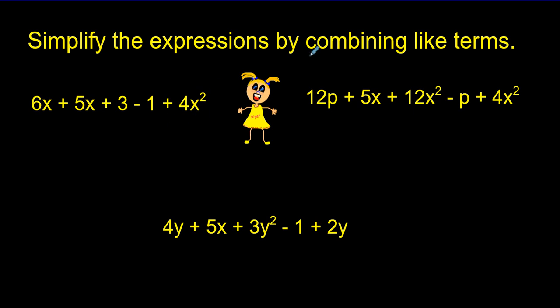Oh, by the way, combining like terms means that we are adding or subtracting, okay? Multiplication and division, they don't even have to be like terms in order to combine them.